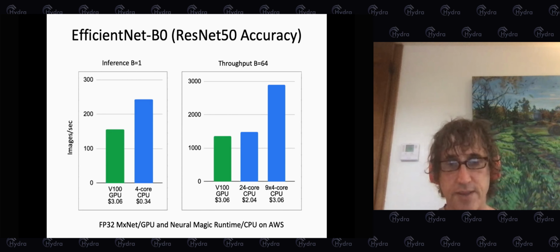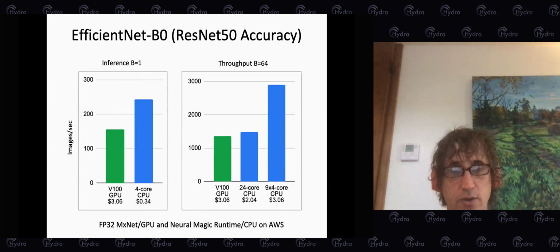But you could try to run this through other runtimes and get not the same performance, but you would get interesting results. For Neural Magic, what you can see here is we're comparing this on AWS. The reason I'm comparing this on AWS with costs is just because people typically check what the size of your machine is and what the amount of power you use is, and so on. So this all goes into the price.